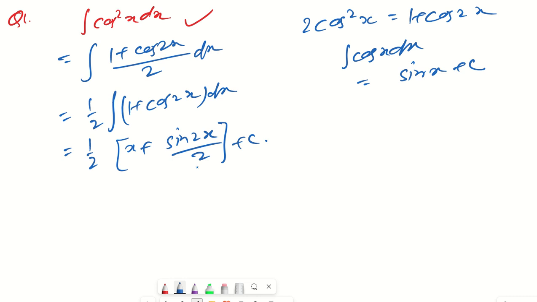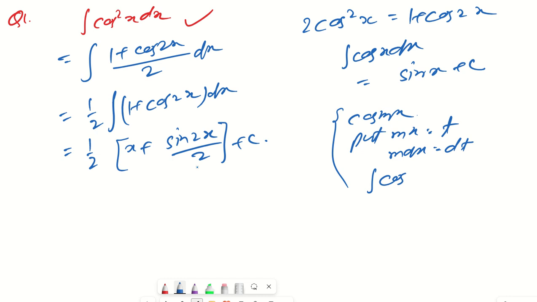This is of the form of, let's say, cos mx, and we used to put mx equal to t. So what was there? m dx is equal to dt. In that case, if you solve this one, what will happen? Integration of cos t dt, right? So dx will become dt divided by m.